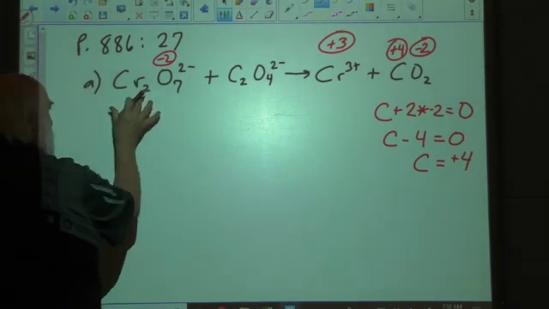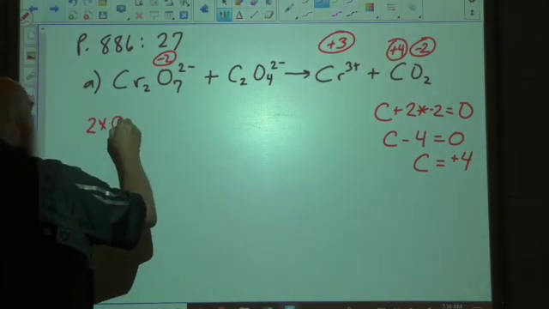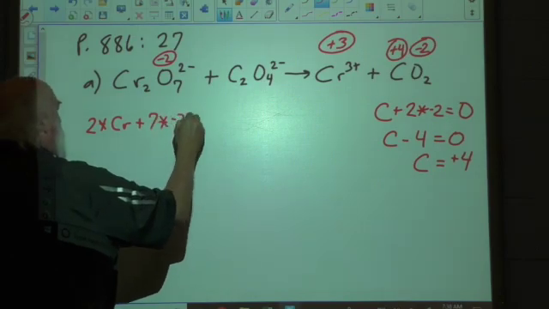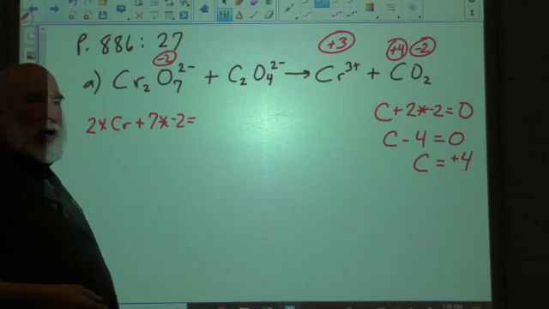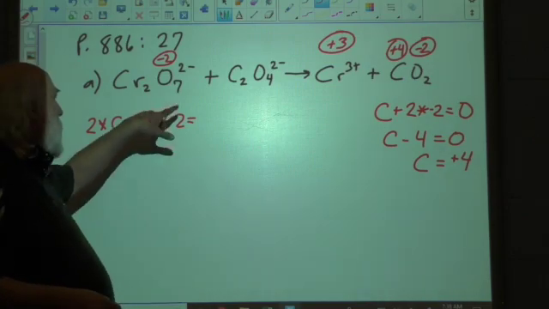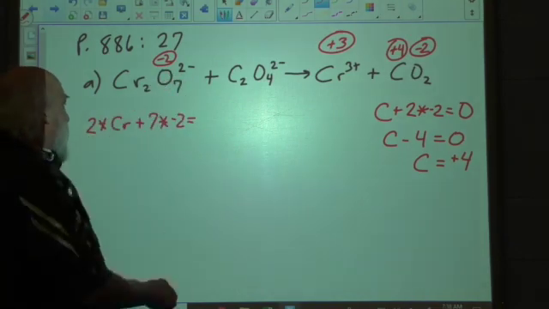But now algebraically, we're going to write it this way. We're going to have 2 times Cr plus 7 times -2 equals, now this is not a molecule, this is a polyatomic ion. And according to the last rule, the sum of all the oxidation numbers has to add up to the charge of -2.